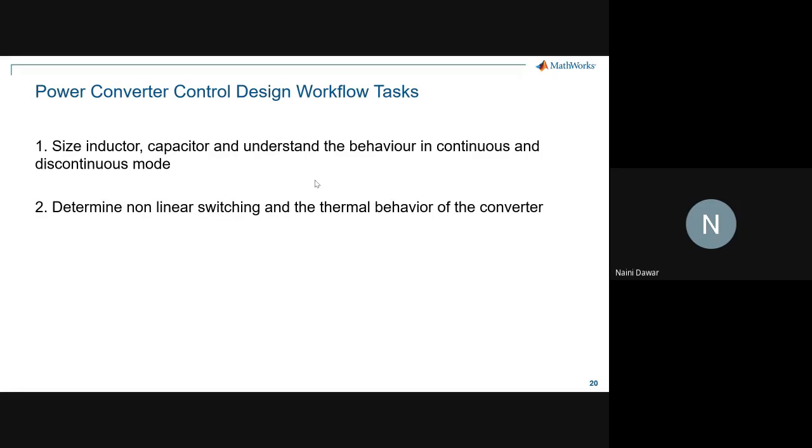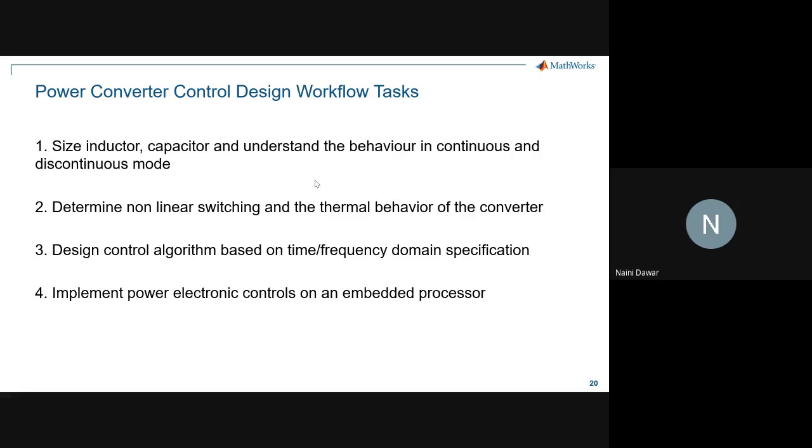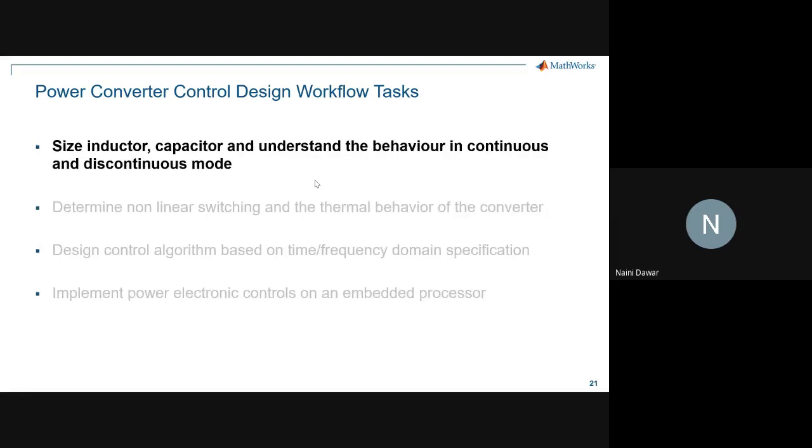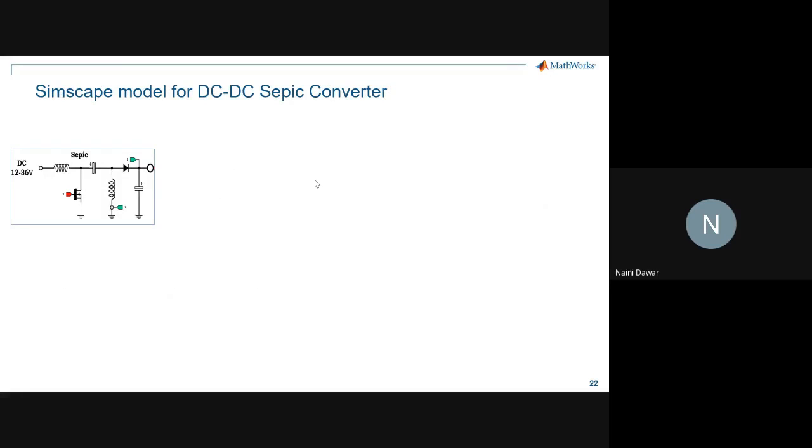Again, in converters, since there are switching behaviors or thermal behaviors involved, how to deal with that, how we can determine that. If you're working on a controller, also how we can design a controller for your specific plant, and then implementation, right? So I'll start with the first part where we talk about the SEPIC converter.